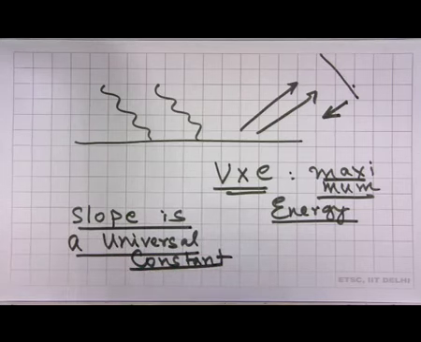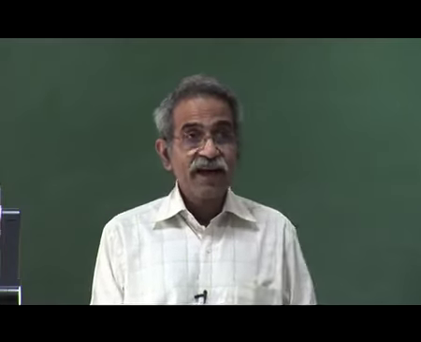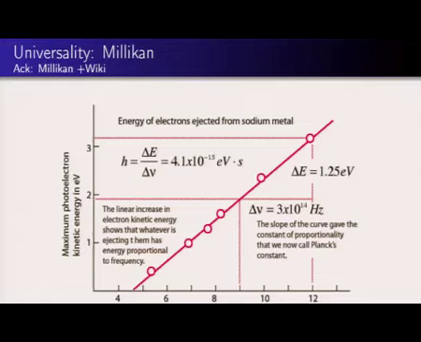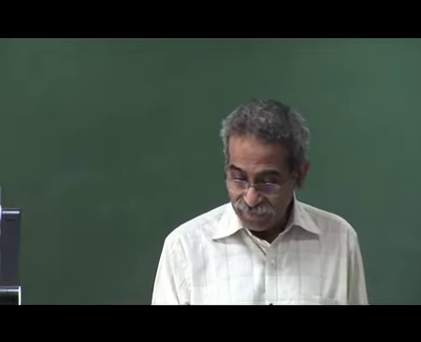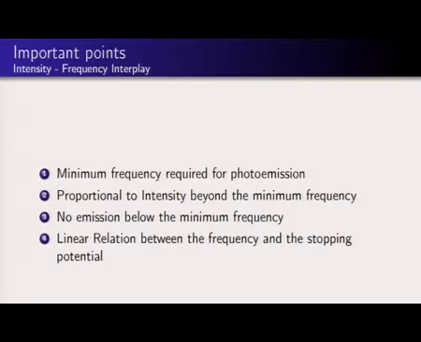So we have two tasks cut out for ourselves. How do I understand this linear behavior from whatever I know from electromagnetic theory, and what is the meaning of this universal constant? These are the two jobs that are cut out for us, and let us see what we can do with that.